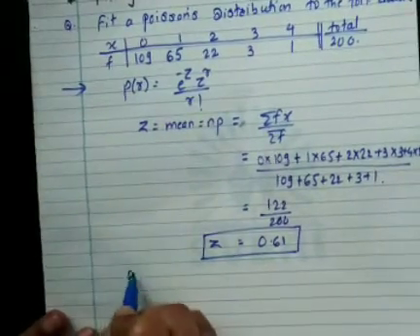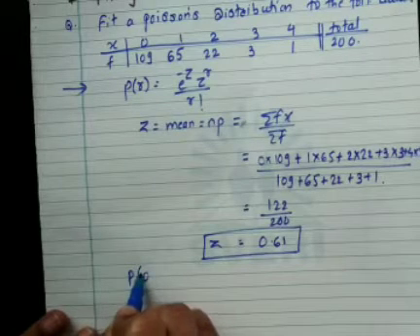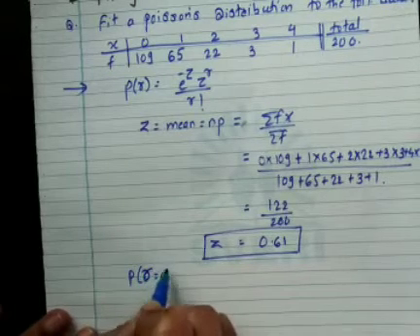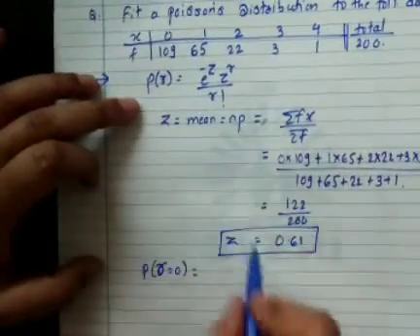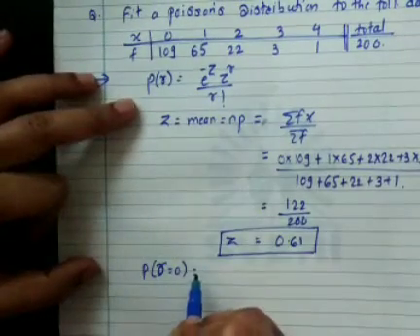So probability of r equal to 0: now we have the formula, put r as 0 and z as 0.61.